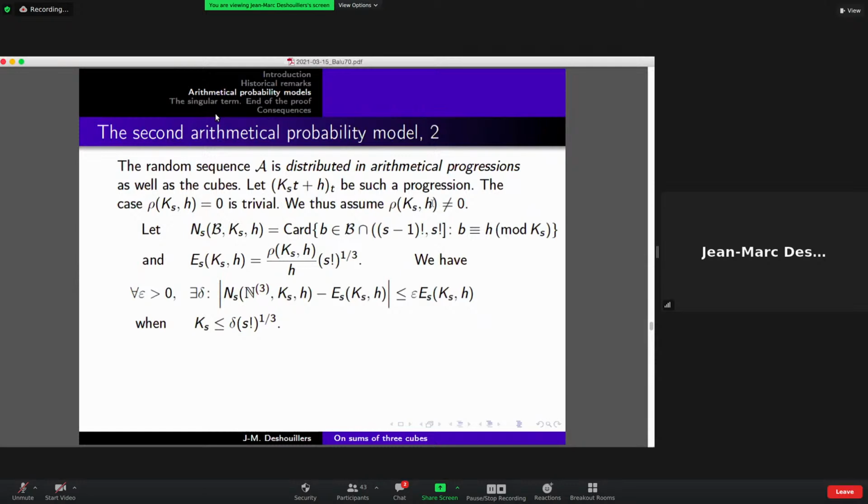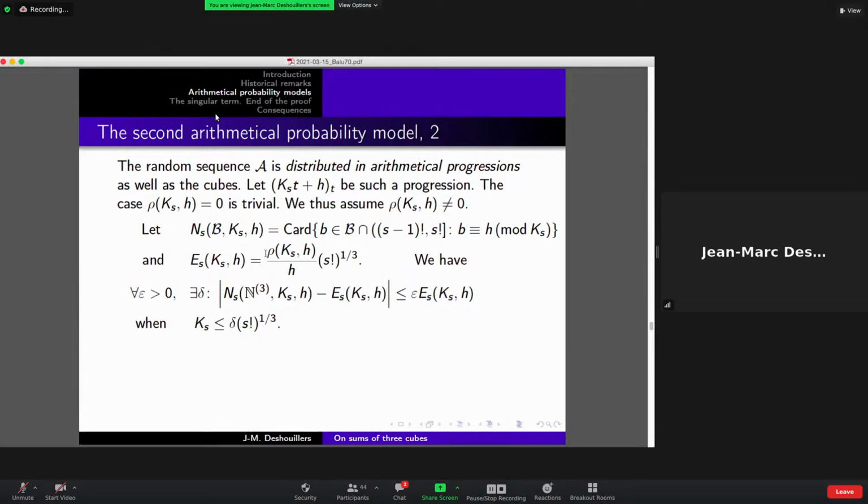So we just assume that this number is different from 0, and it's not too difficult to notice that the number of cubes in the sequence between s minus 1 factorial and s factorial which are congruent to h modulo ks is what you expect.